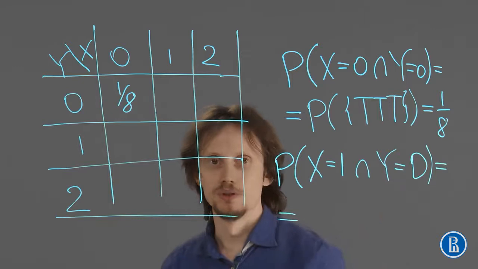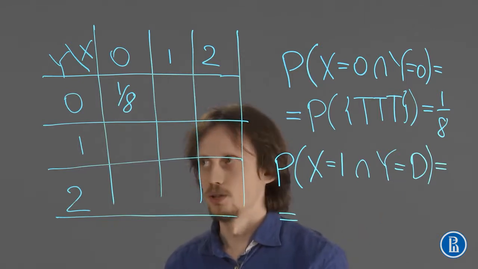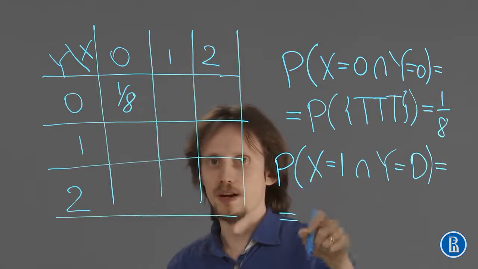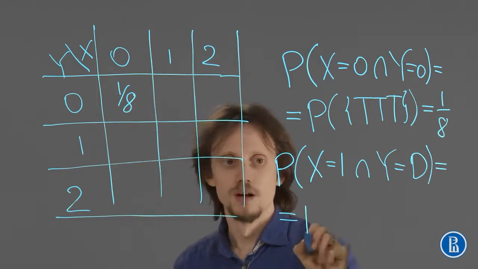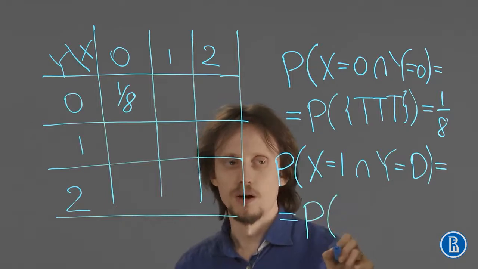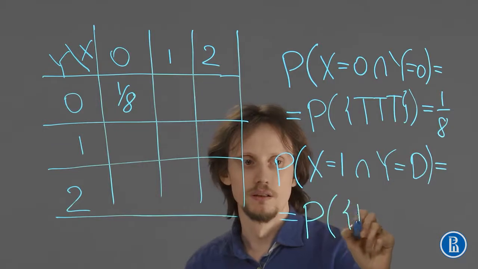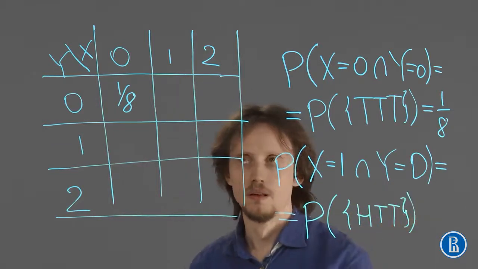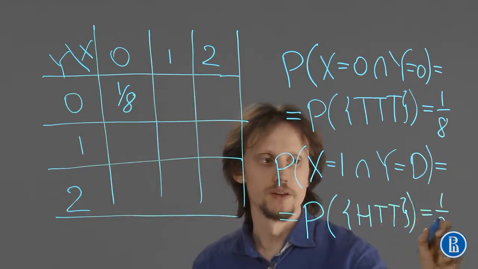If y is equal to 0, then it means that the second and third tossings give us tails. So the only possible way for x to be equal to 1 is to get head at the first tossing. So the only possible outcome that satisfies this condition is head, tail, tail. And the probability of this event again is equal to 1 over 8.